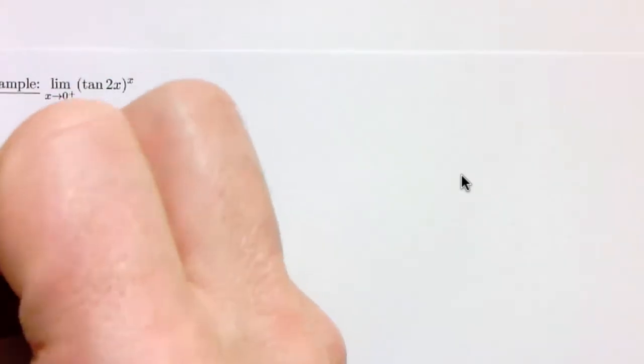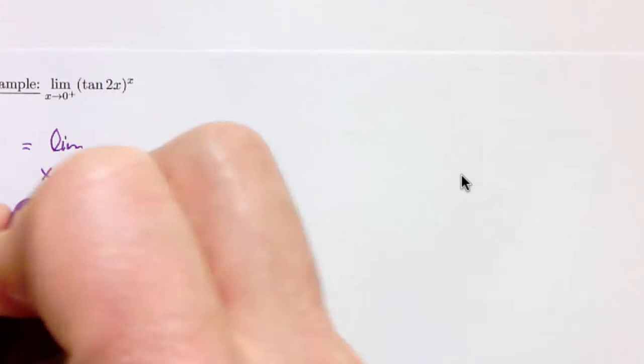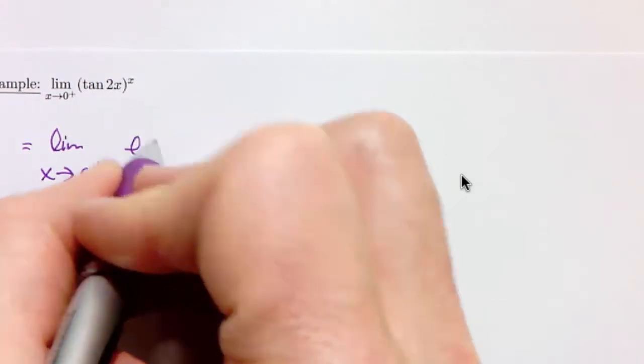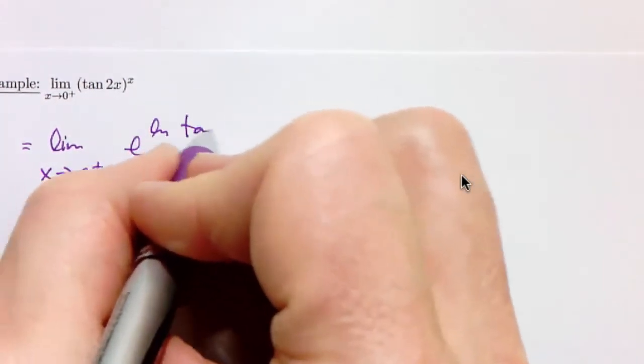Let's look at one more of these. This one's the same idea. It just gets uglier. So we're going to use our e to the natural log trick.